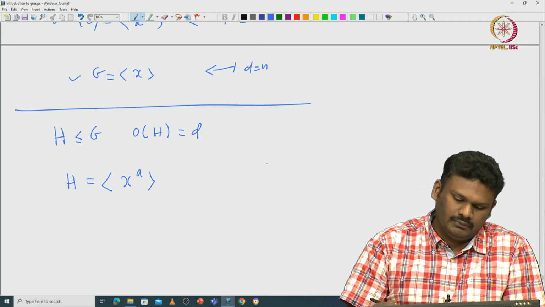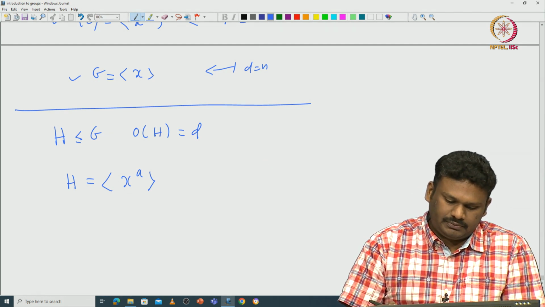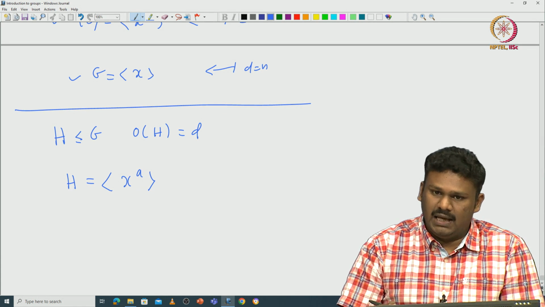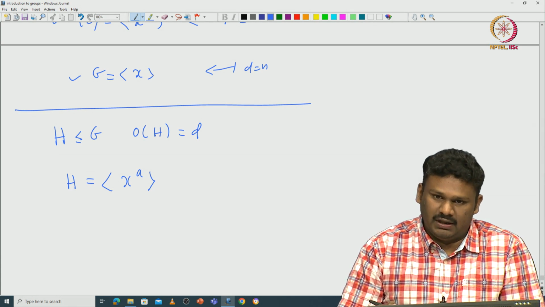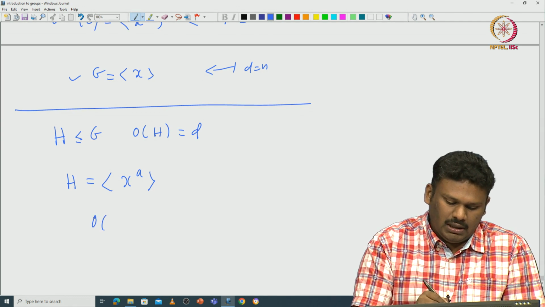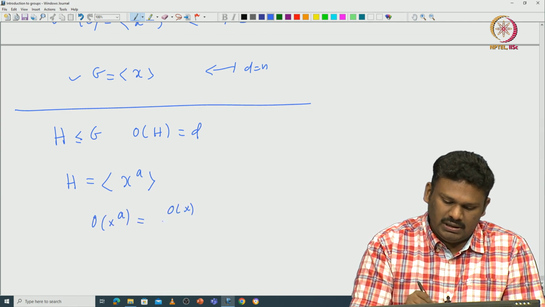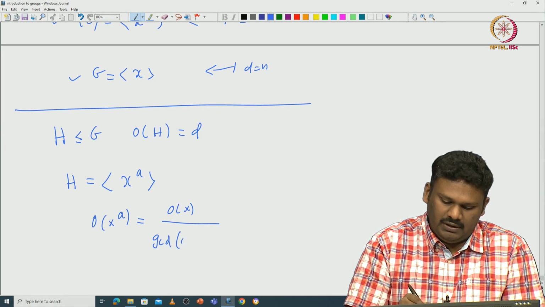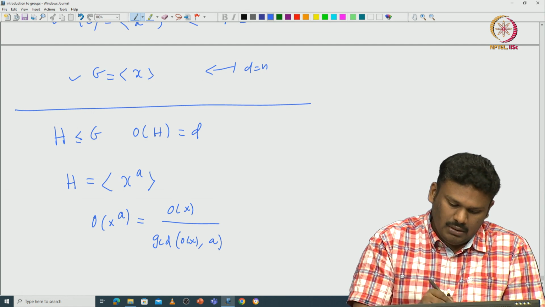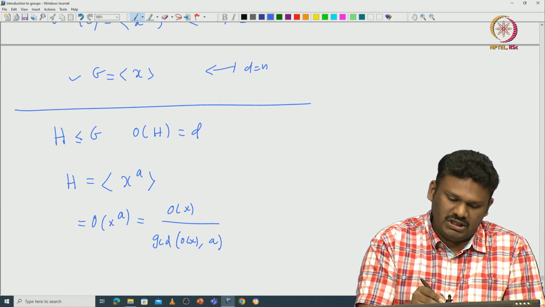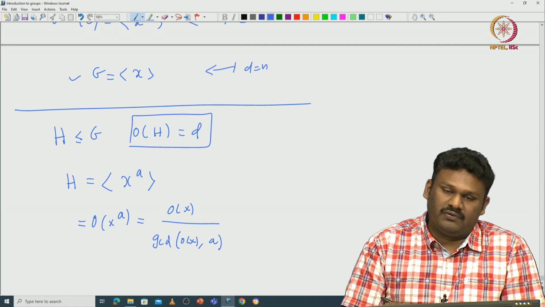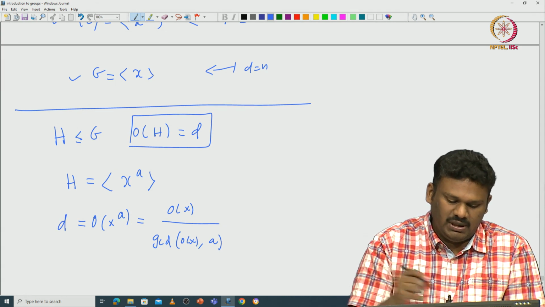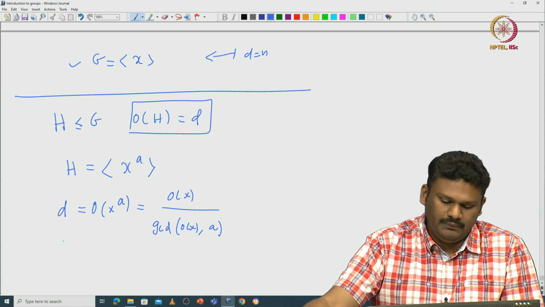Okay. So, now we want to show that this a must be n divided by d. We know that the order of x power a is exactly order of x divided by GCD between order of x comma a. But by definition, since order of H is D, this has to be D. Okay.